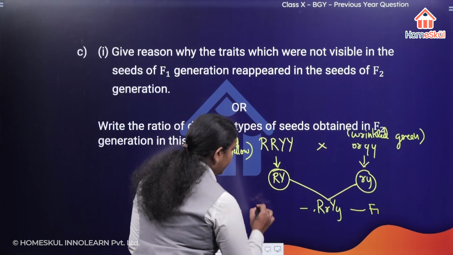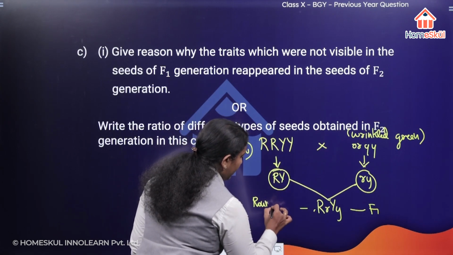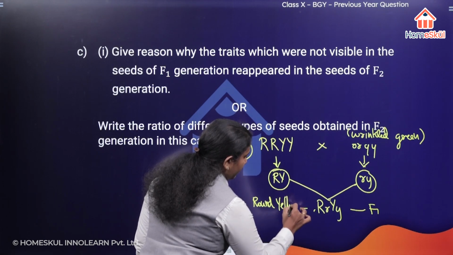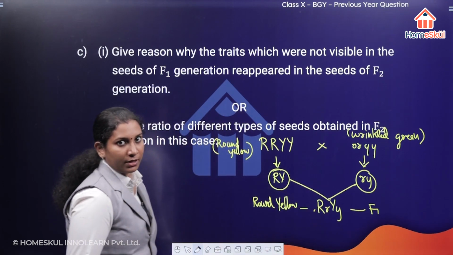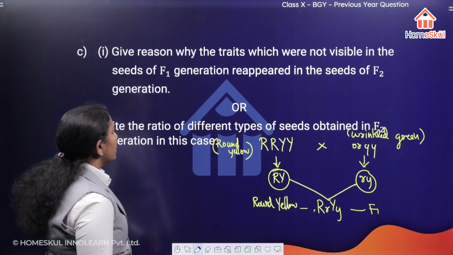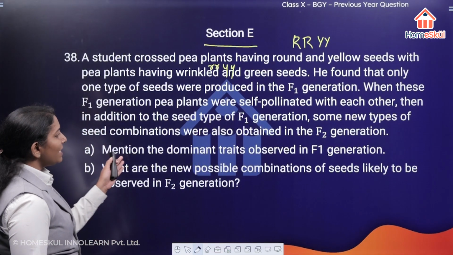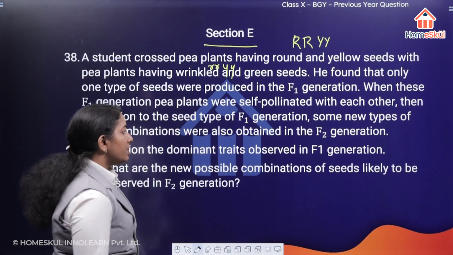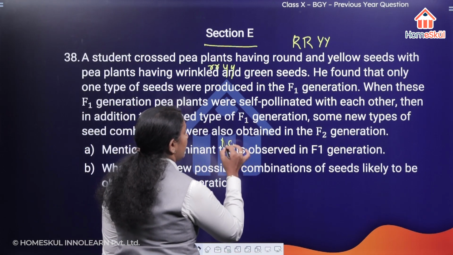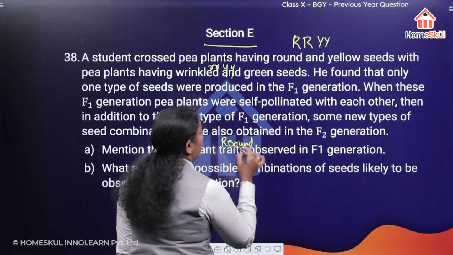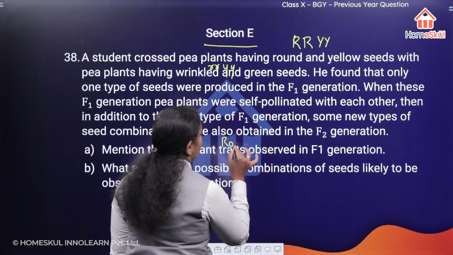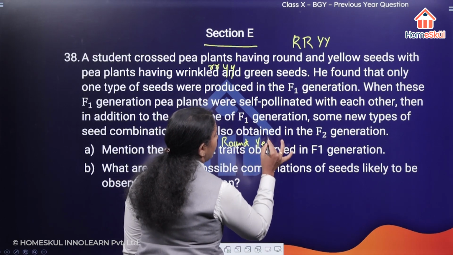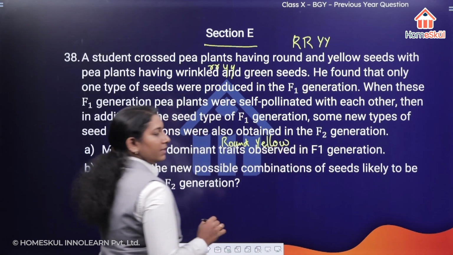So the phenotype is again round yellow, but the genotype is somewhat different. It is a heterozygous one, right? So the question is, mention the dominant traits observed in the F1 generation. Which is the dominant trait? That is round yellow, right?